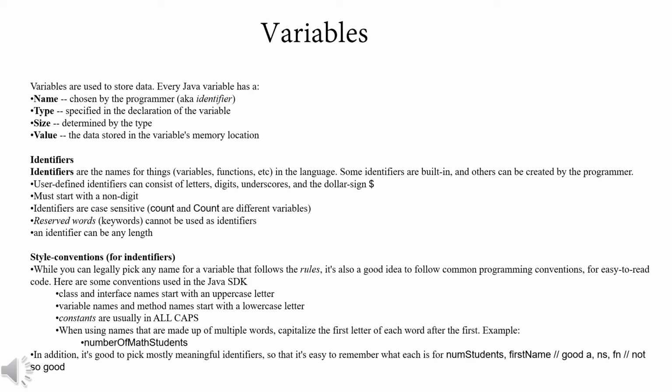And then the other rule is that the identifier needs to start with a non-digit. So if you create an identifier with, for example, one student, right? First you bring one, then student, then this identifier is not acceptable in your program. But the reverse, for example, student1 is completely acceptable. And then the names of the identifiers are case sensitive.